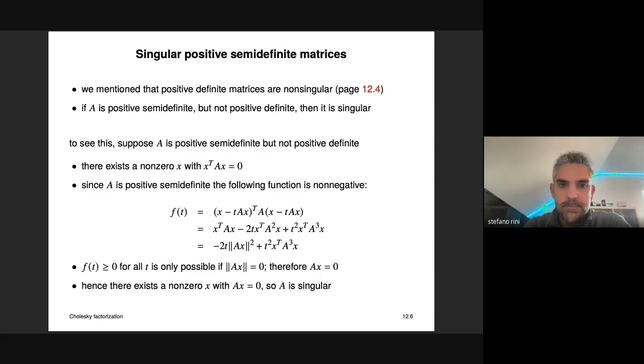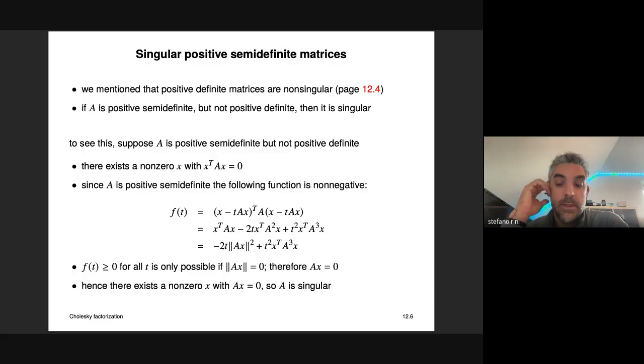So we say that positive definite matrices are non-singular. If A is positive semi-definite but not positive definite, then it is singular. It means that at least one of the eigenvalues is equal to 0. To see this, suppose that A is positive semi-definite but not positive definite. Then there exists a non-zero x for which x transpose A times x is equal to 0. And since A is positive semi-definite, the following function is non-negative.